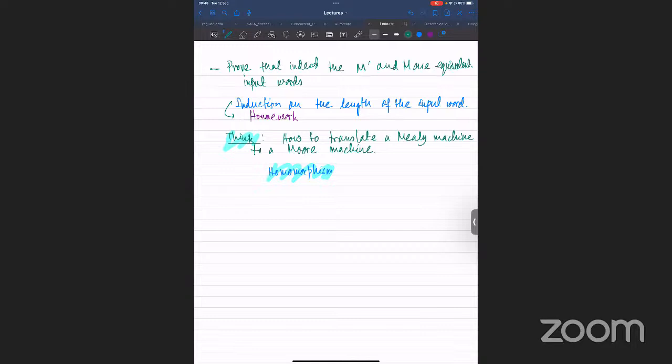We are now given a Mealy machine, let's say M, with Q, sigma, then delta, which is the output alphabet, and then there is a q0, and we also have a lambda here, right? Let's say I have delta 1, lambda 1, q0, and we want to construct a Moore machine.